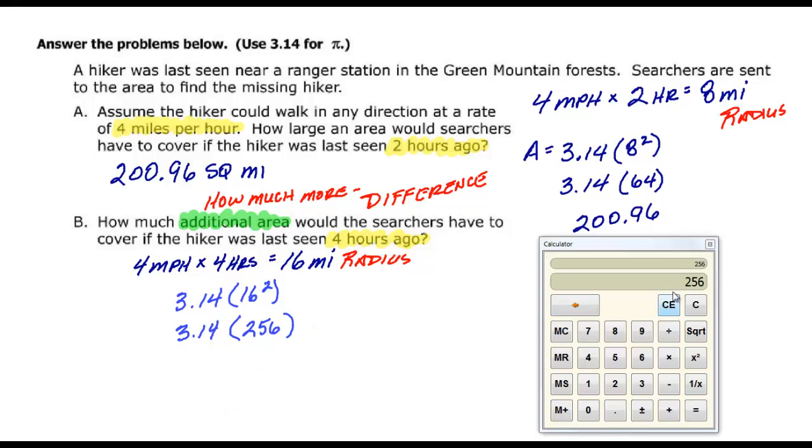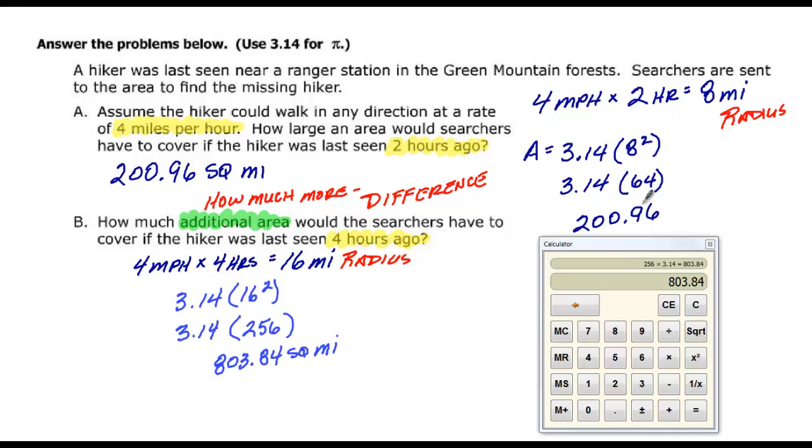All right, let's calculate it out. We still have the 256 on our calculator. So we have 3.14 times 256. So 256 times 3.14 is 803.84 square miles. Notice that's a lot more than 200.96.